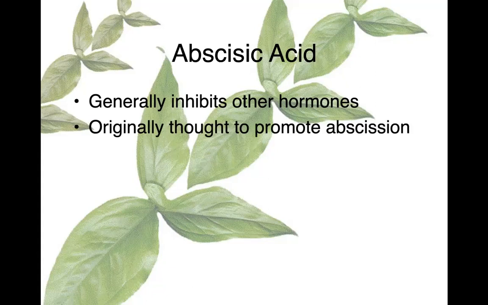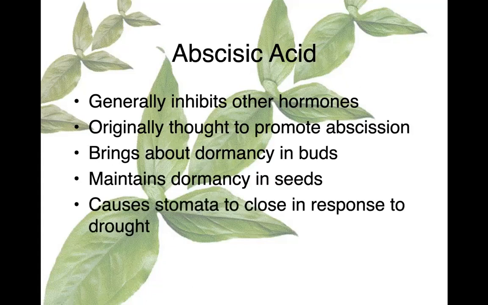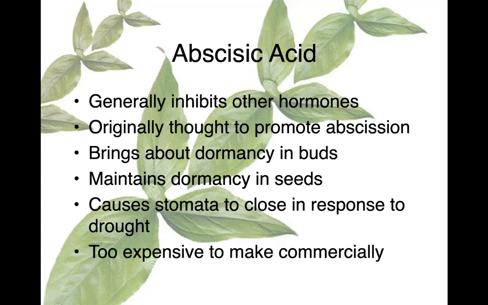It brings about dormancy in buds. It also helps to maintain dormancy in seeds. It causes the stomata to close in response to a drought, which is a long period of dry weather, no rain for a long time. And it is too expensive to make commercially.